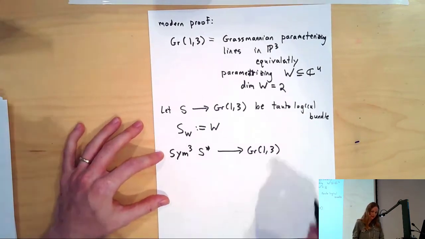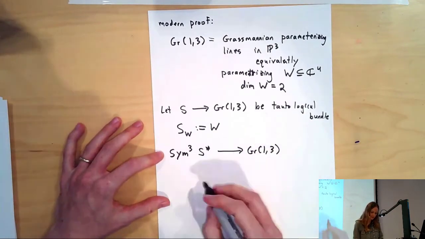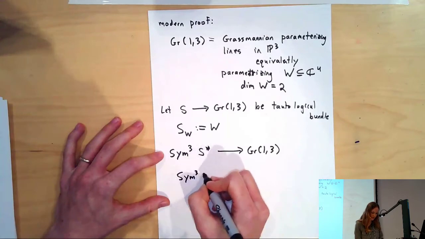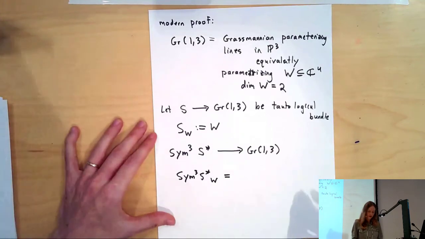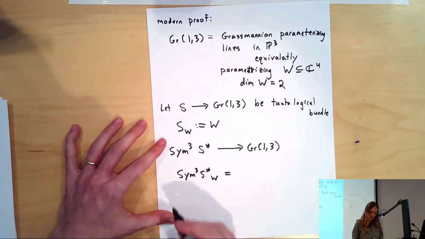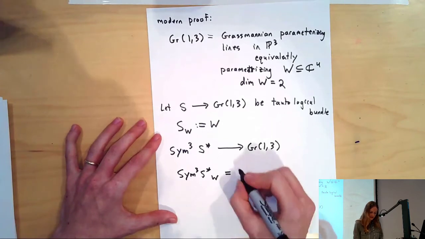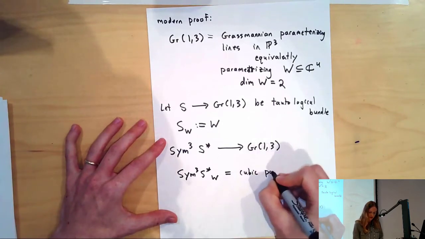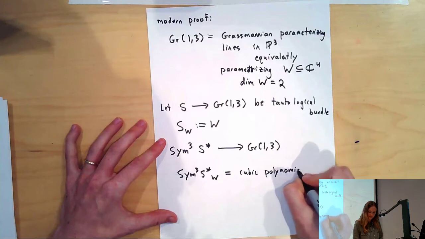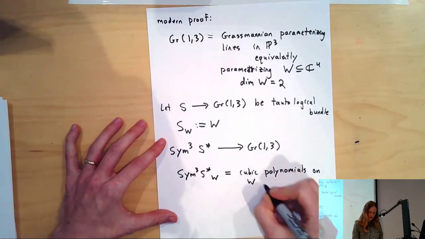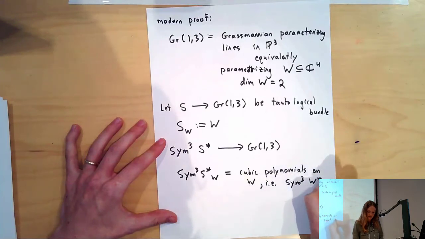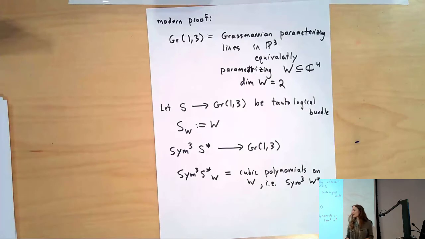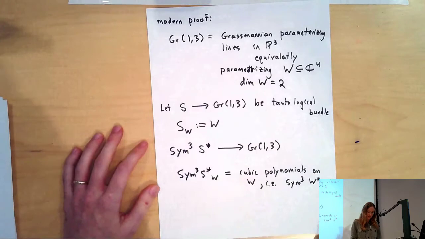And this is a vector bundle whose fiber over the point corresponding to W is all the cubic polynomials on W, i.e. Sym^3 of the vector bundle is Sym^3 of W dual.